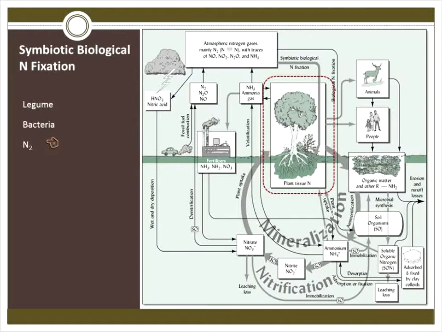Symbiotic biological nitrogen fixation probably contributes about 50% of all of the nitrogen that enters coastal waterways. So we need to think about this when we're thinking about the entire nitrogen budget.